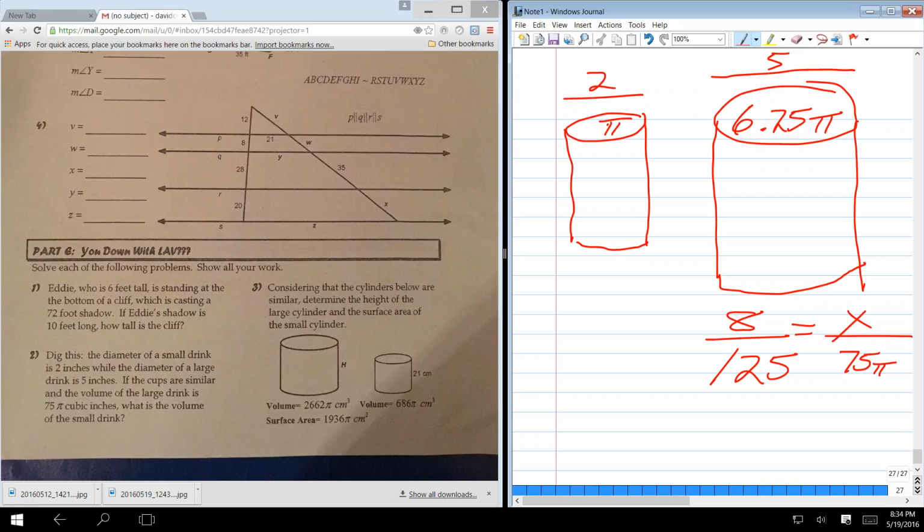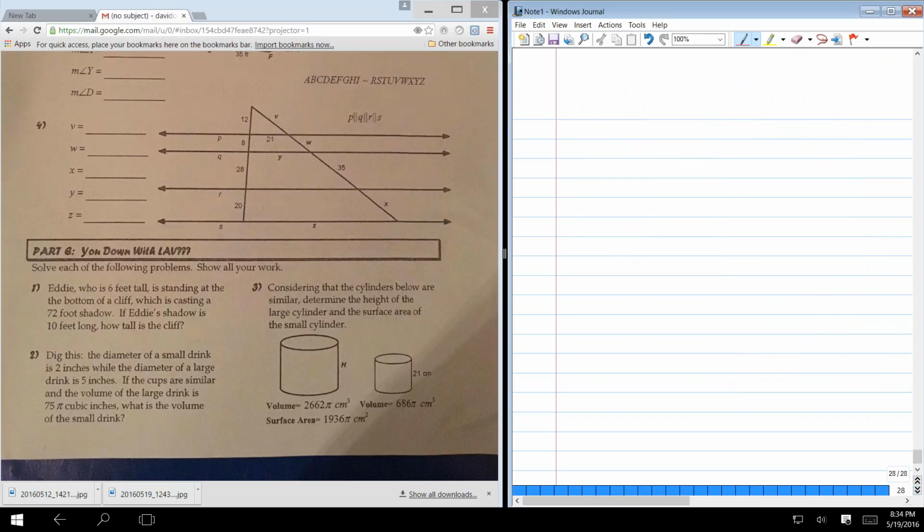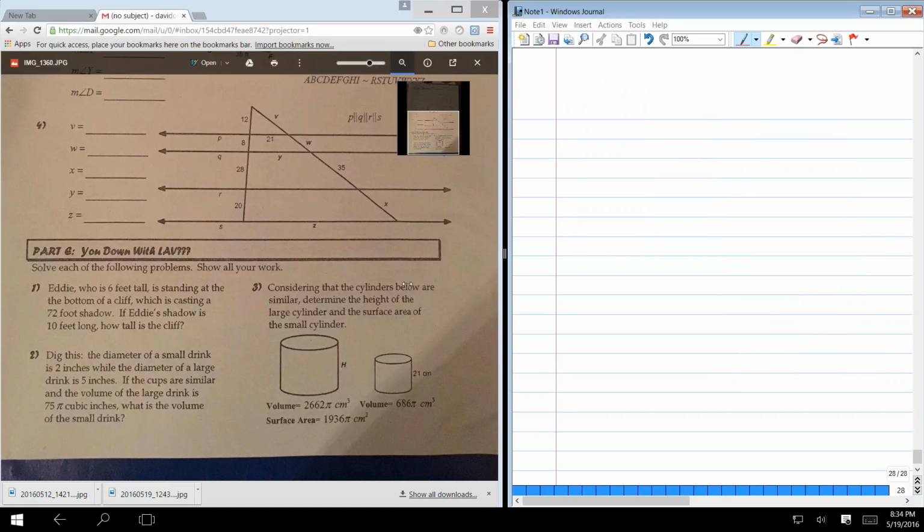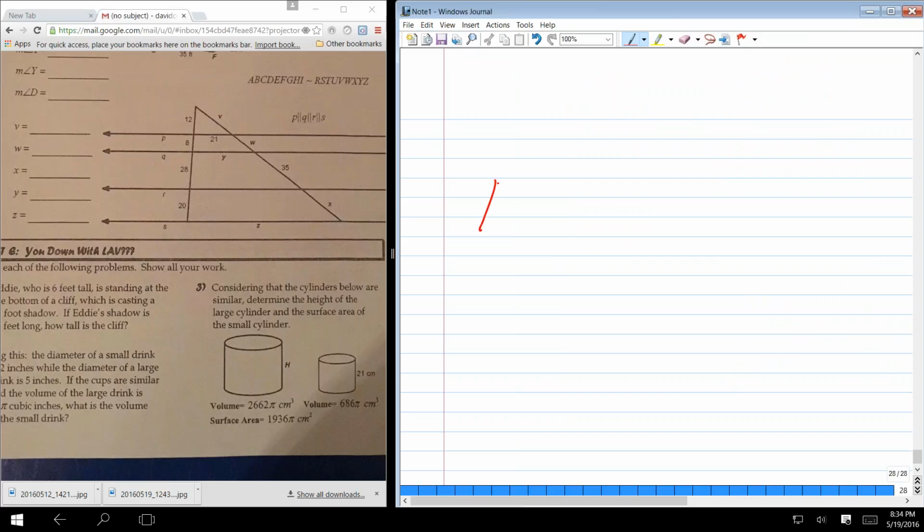And you do just multiply both sides by 75 pi and solve for x. That's the key with these kinds of problems. Let me give you a couple of others as practice here.